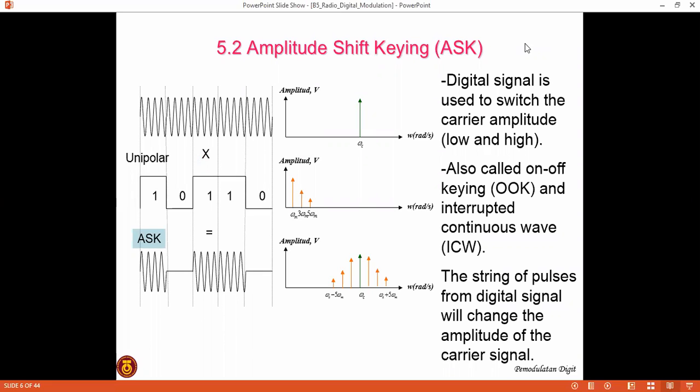We will look at the first, we start with the very basic, which is ASK, with amplitude shifting. So here is the spectrum of our carrier. Our carrier is represented by just a high frequency sine, continuous signal.